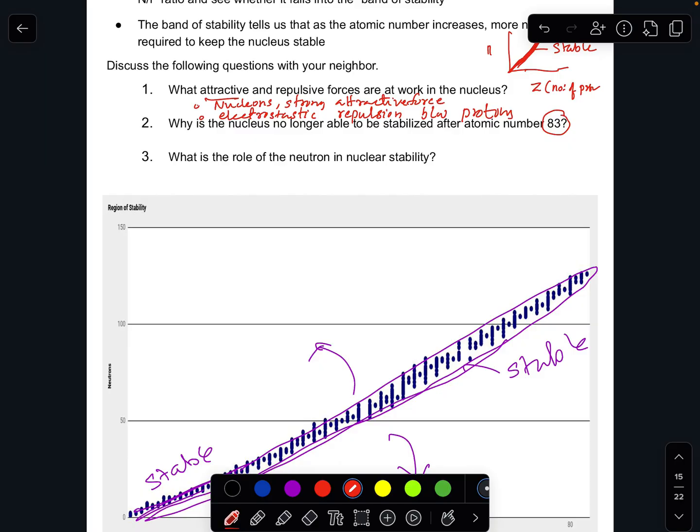So whenever we look at the periodic table, we can see everything above 83 is radioactive. The reason is the higher proton-proton repulsion in a heavier nucleus, which causes less attractive force.